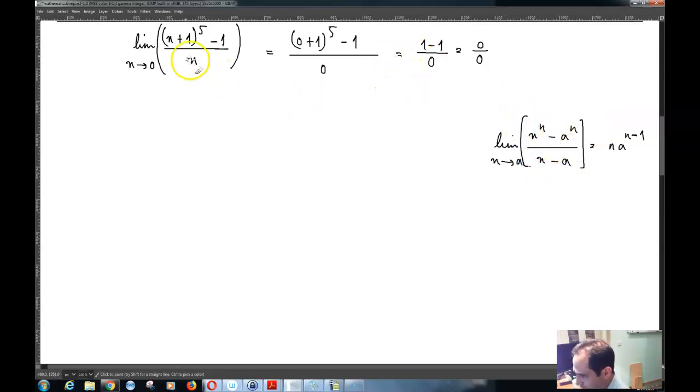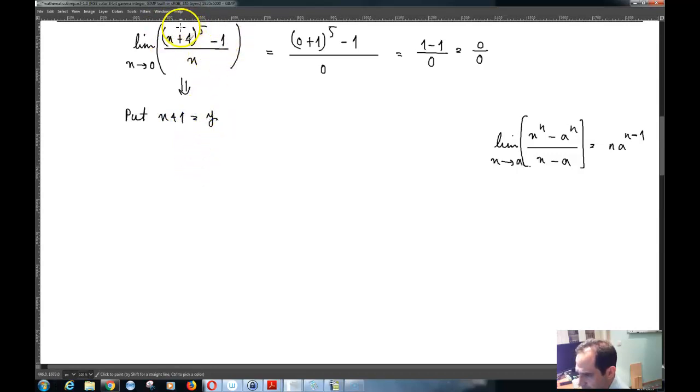So now what we can do, we can rewrite this limit. Basically we can put x plus 1 is equal to y.